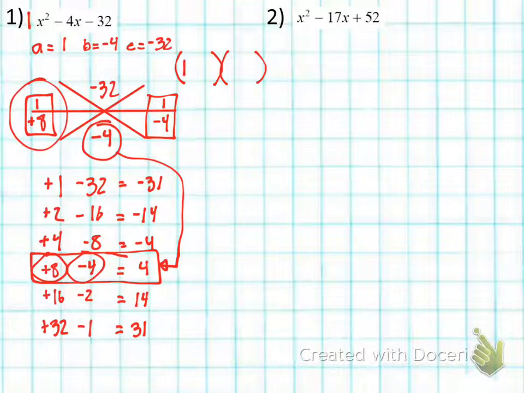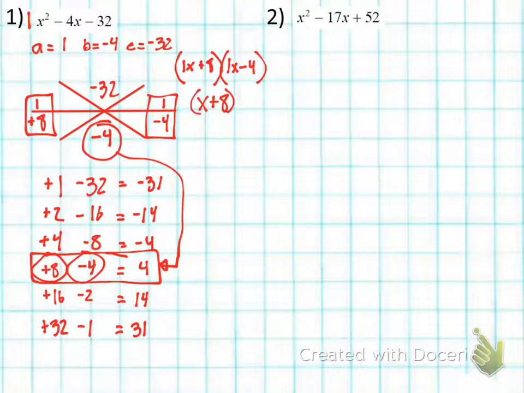So you can put 1, and then take the square root of x squared, which is x, so it's going to be 1x plus 8, and then we have 1x minus 4. We know x plus 8 times x minus 4 is our final answer. So that's the simplified factored version.